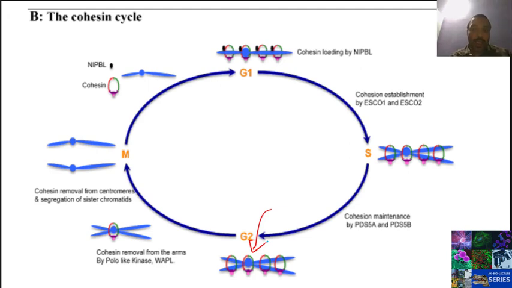Since each chromatid coils separately, okay, like this.